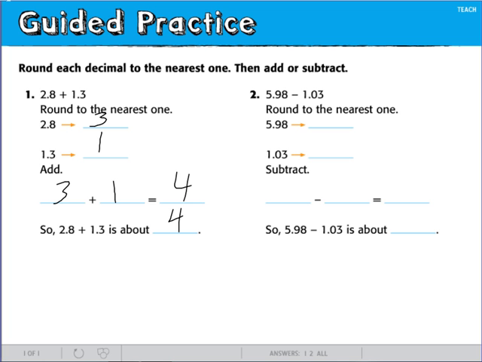All right. The word problems take a little bit longer, but pretty much this is, if you can round 5 9/800, round to the nearest one is 6. 1 1/300, round to the nearest one is 1. 6 subtract 1 is 5.